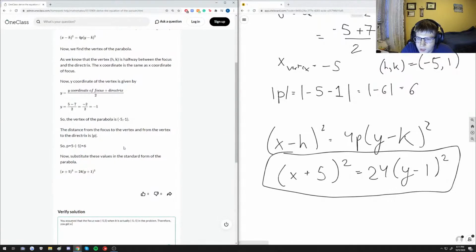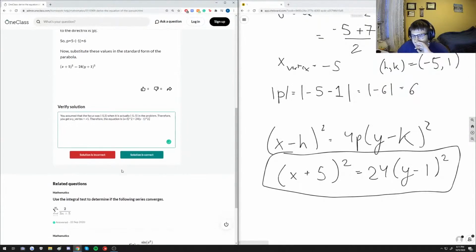Therefore, you get a y vertex equal to plus 1. Therefore, the equation is (x plus 5) squared is equal to 24 times (y minus 1). And that would be the correct solution. So this solution is incorrect.